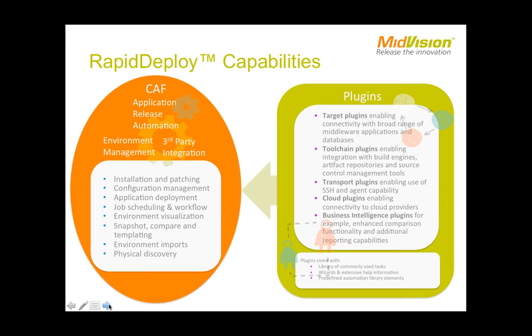As I mentioned earlier, we can take snapshots of environments. We have templating capabilities to enable you to, if you don't even know WebLogic, for example, to just start up the WebLogic template, fill in some values, and it will create that target environment configuration for you. And also such things as physical discovery.